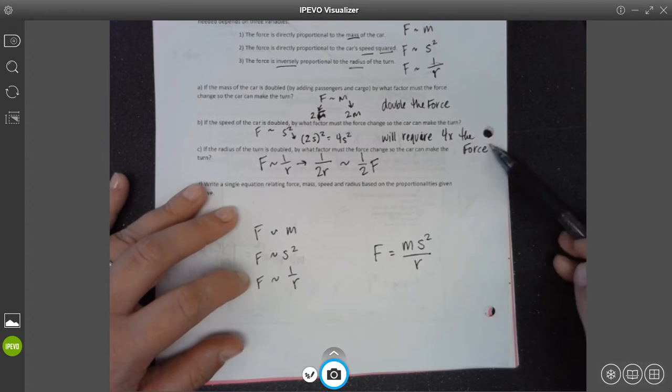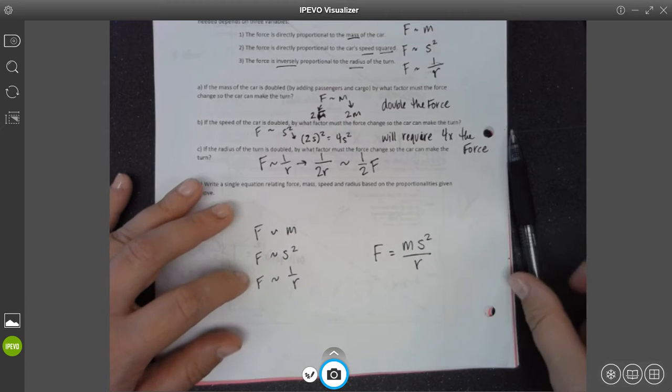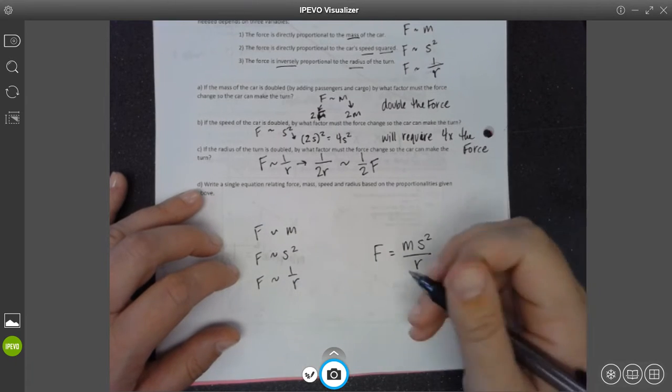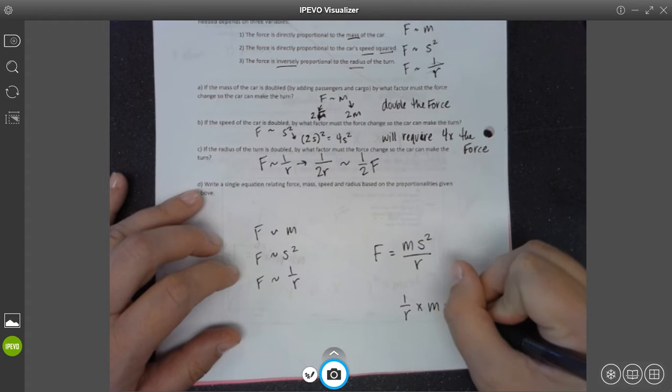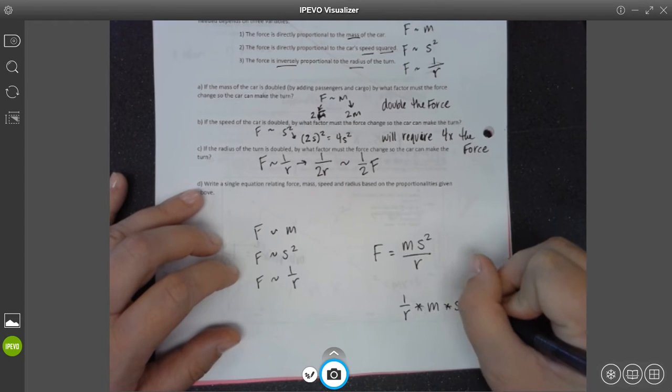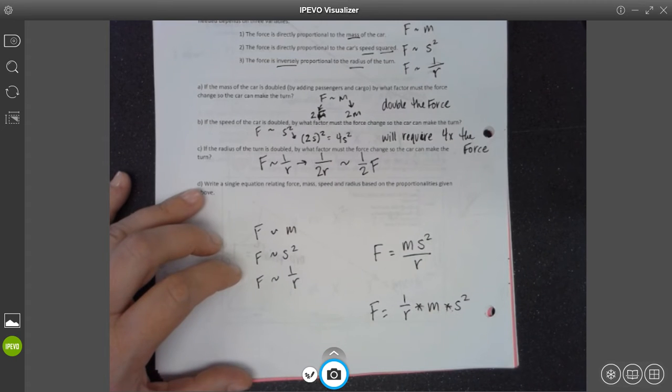How'd you guys do on that page? Does it make sense now? Yes. On the last one, can we have it multiplied by 1 over r? Yeah, I mean, you could rewrite this a bunch of different ways. That would work.